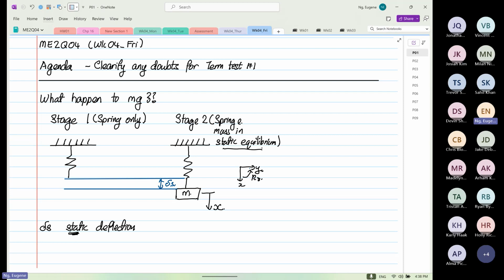Knowing that this is a static equilibrium, we know that the summation of forces in the x direction must be equal to 0. Seen this before? Where do you see this before? In P04, right?